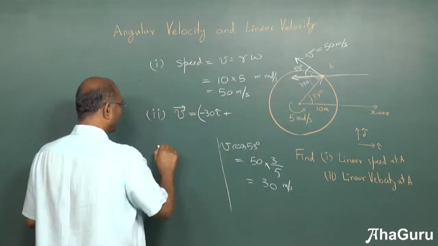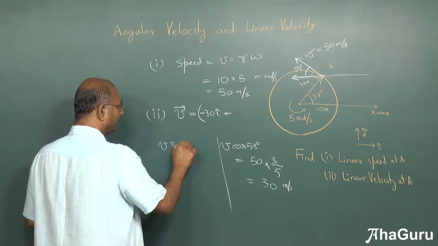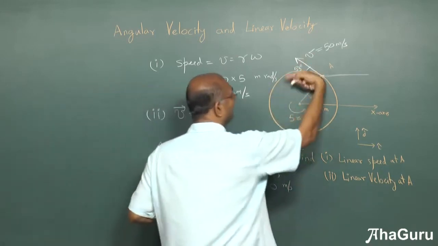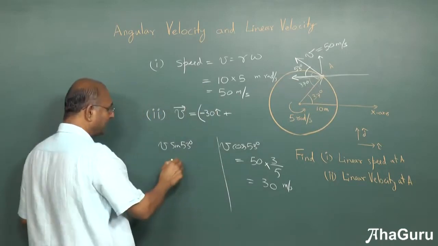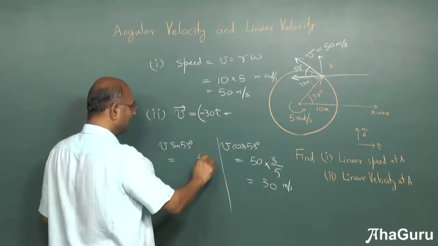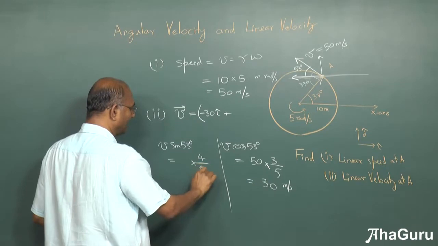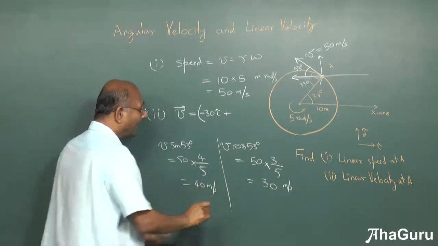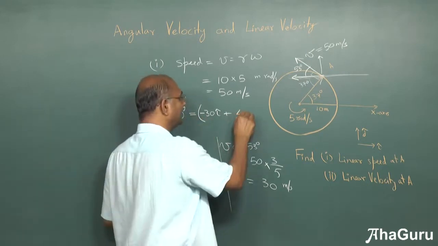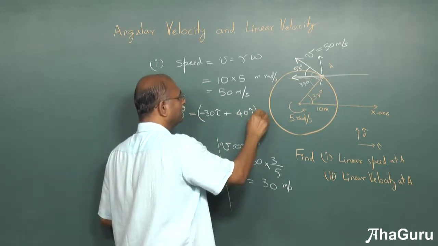The vertical component is V sin 53 degrees, and that will be the component like this. So it is in the j cap direction. Sin 53 is how much? 4 by 5. So 4 by 5 into V. V is how much? 50. So this is going to give me 40 meters per second upwards, which is plus 40 j cap meters per second.